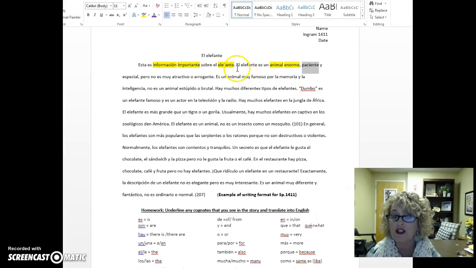So you're going to change it to the elephant is an enormous, patient, and special animal, but he is not attractive or arrogant. Okay, so this does exactly what you're going to see.